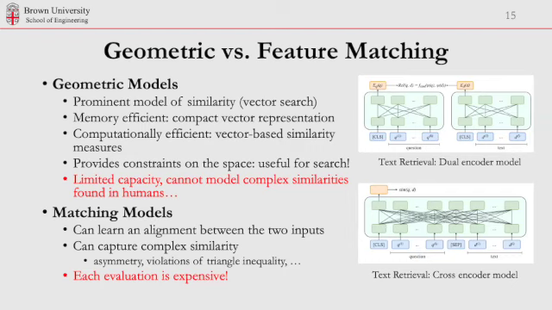So the objects already exist in this geometric space, but now the similarity function, which can act like a matching model, is a little more intensive and can give better results. So these definitely aren't distinct categories. And there are other categories as well that I didn't talk about. But it's a good question.